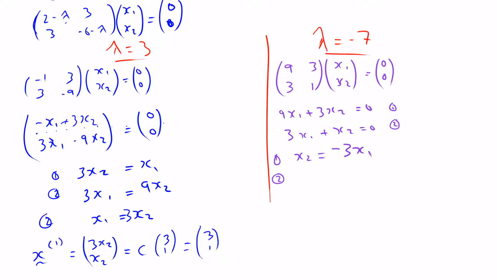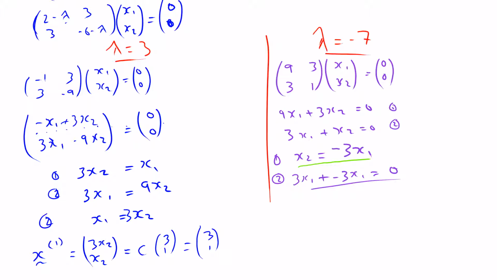Equation 2 becomes 3x1 plus x2, so we're going to sub in equation 1 here. So it's going to be 3x1 minus 3x1 is equal to 0. Now this doesn't tell us anything, which implies that we're going to have another implicit value for our second eigenvector.